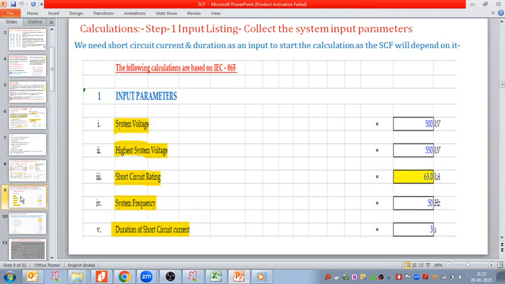Sir, the IEC mentioned is 865, or 60865, over here? Actually, what happens is that instead of quoting the full name, most of the time we quote the short name. So the short name is 865, because 60 is the series.